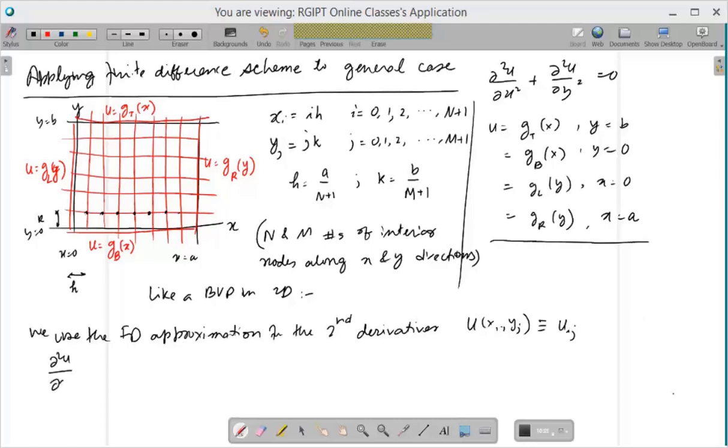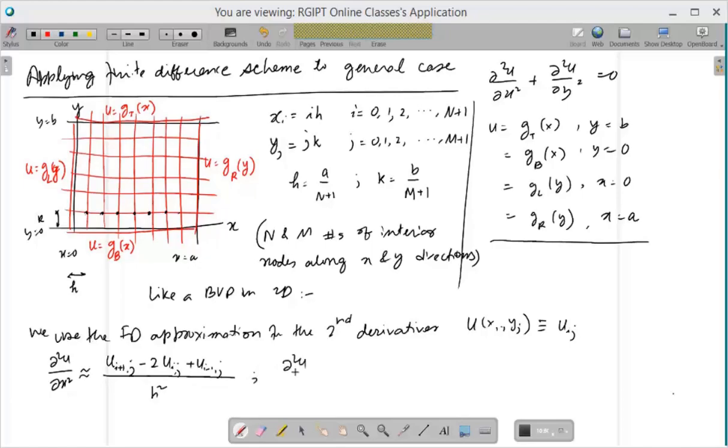So let me remind you, del square u by del x square can be approximated by u i plus 1 j minus 2 uij plus u i minus 1 j, divided by h square.